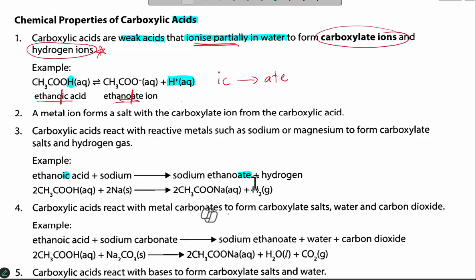Sulfuric, sulfate. Is it similar? Now it's ethanoic, ethanoate. And the metal is always in front. But in the formula writing, you realize the metal is written at the back, because it replaces the hydrogen at the back. So sodium replaces hydrogen at the back.